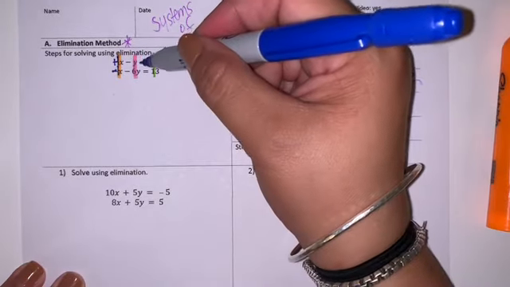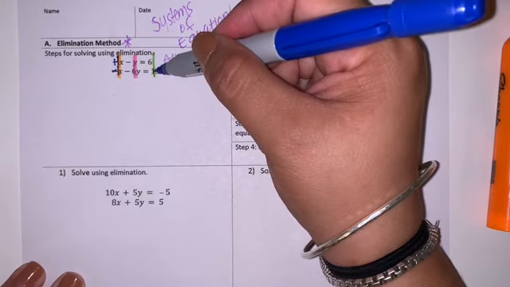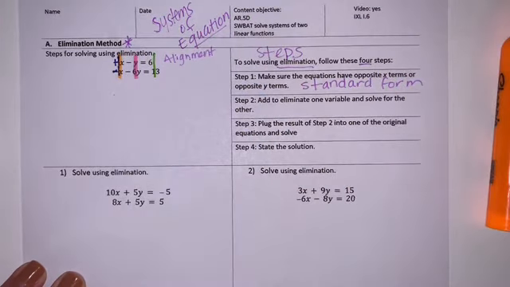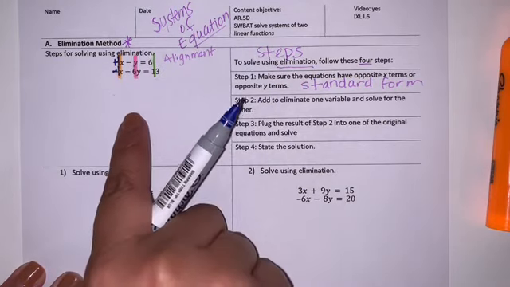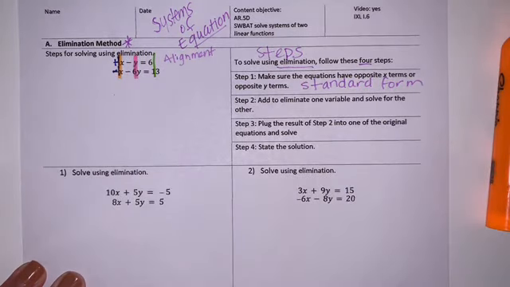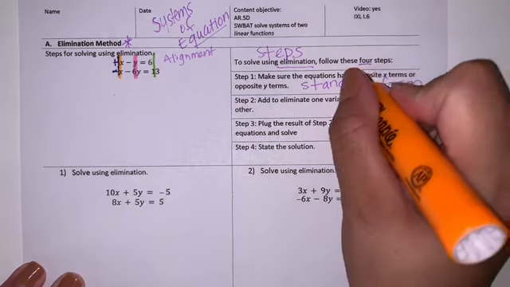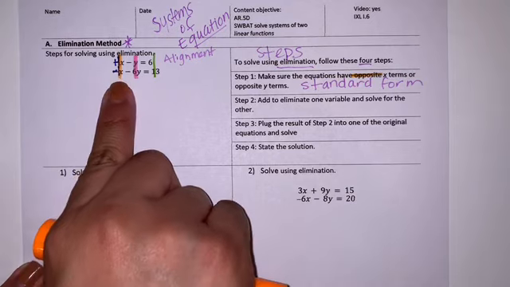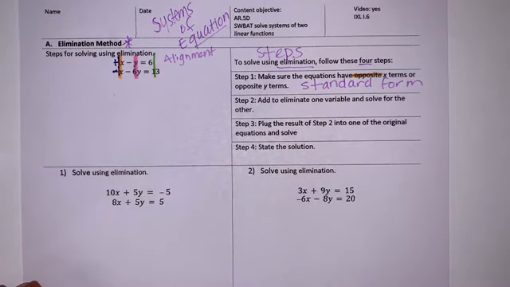I have a minus y, a negative 6y, equals 6, equals 13. So you want alignment with your terms, your constants, and then you want to make sure you have opposite x terms or opposite y terms. So in this case, we're going to be eliminating the x value. So let's see what that looks like.